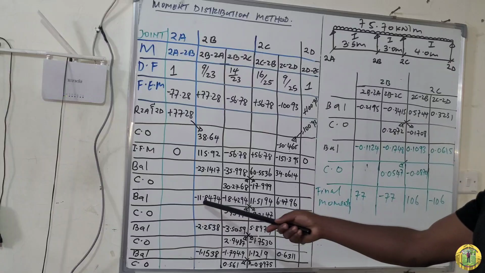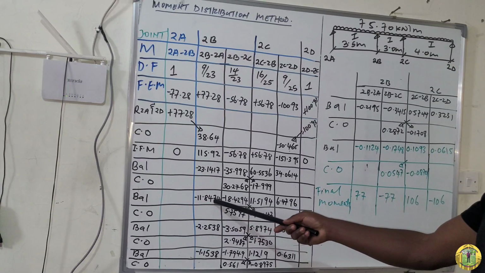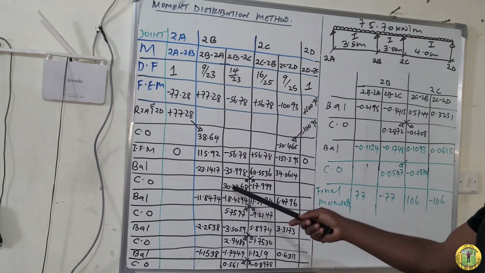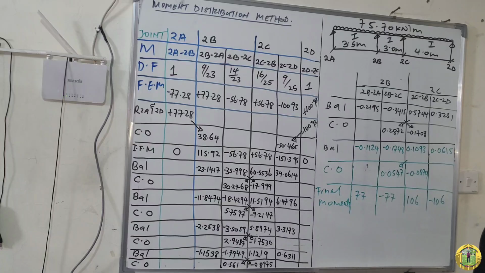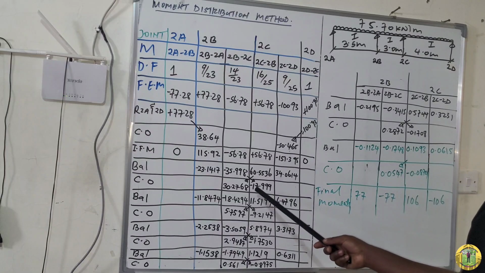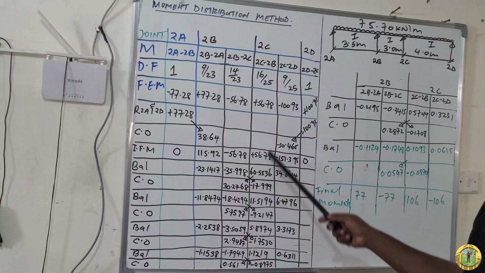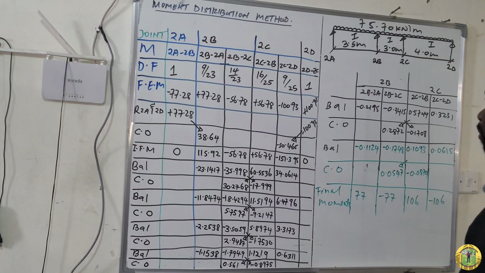So you get negative 11.8474. And then again you take negative 30.2768, multiply it by 14 over 23. You'll get negative 18.4294. Again, to this one, take positive 17.99 times 16 over 25.